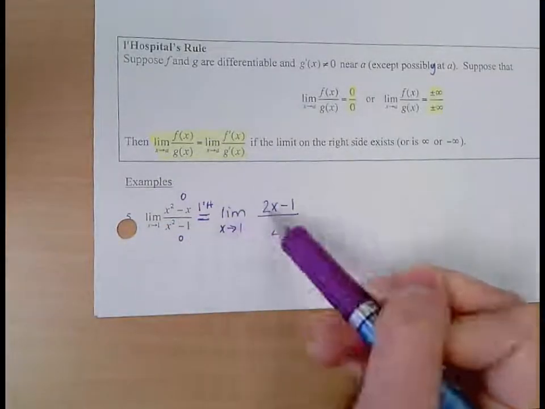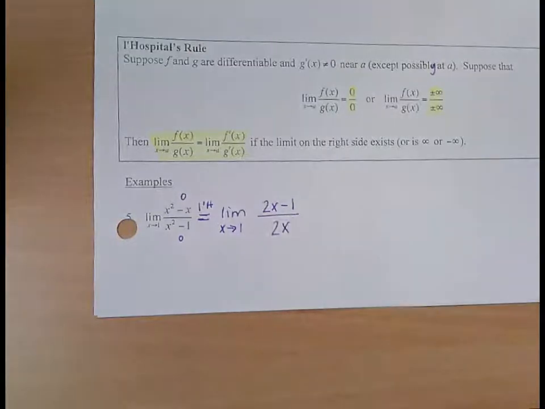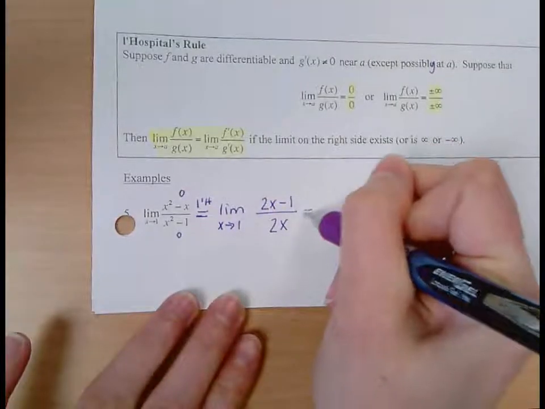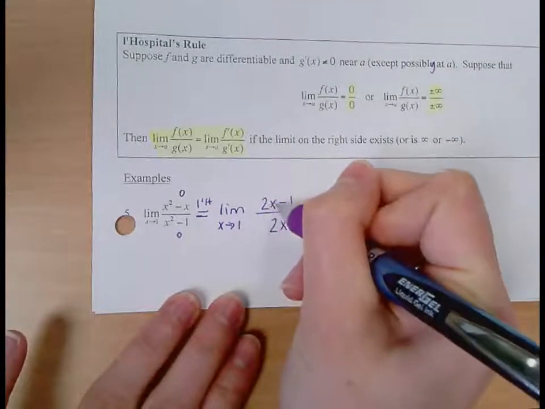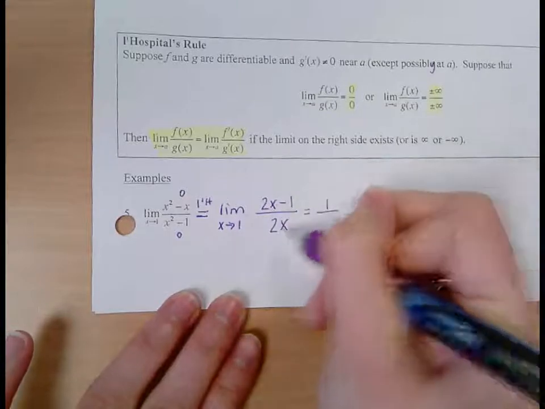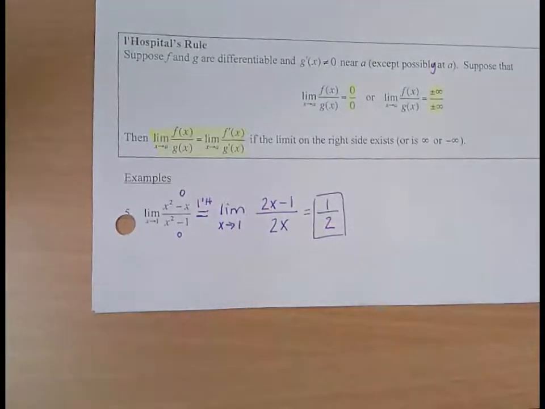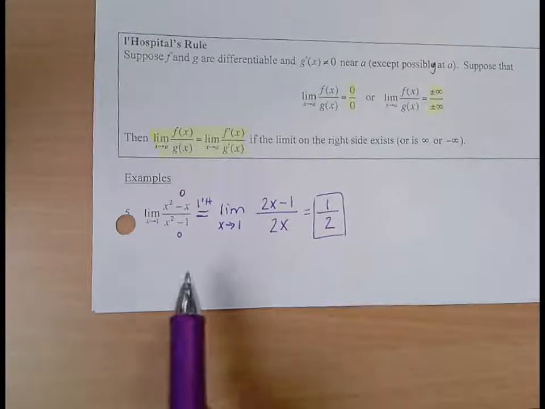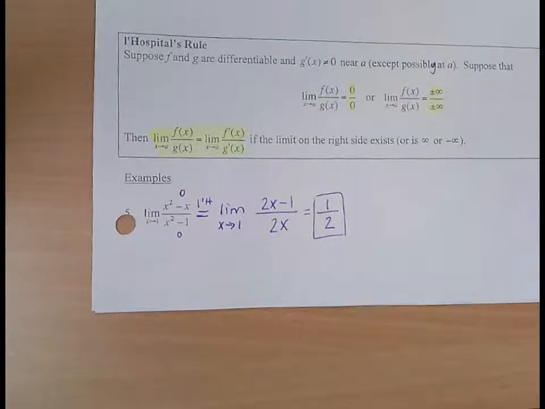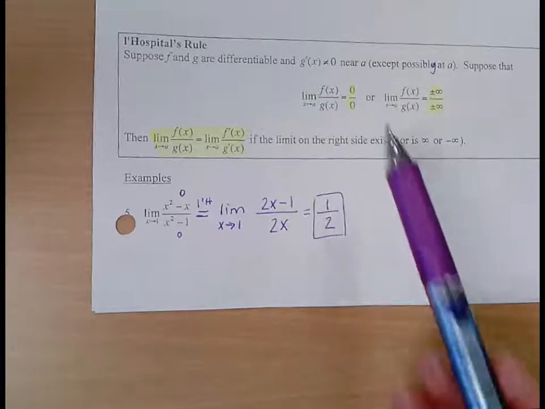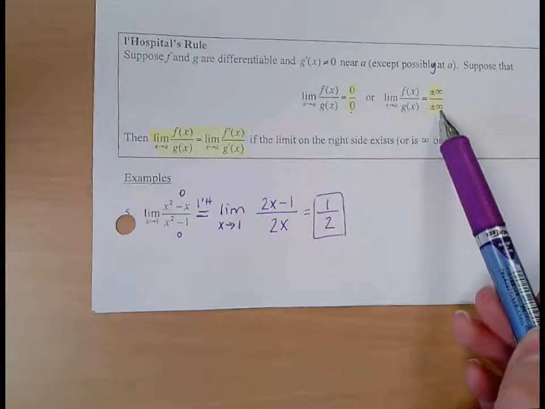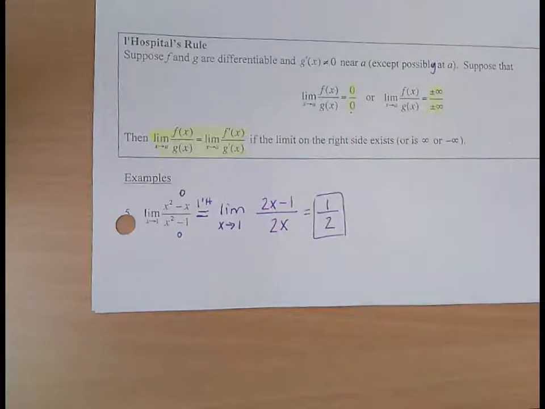Okay, so I took the derivative of both. Now plug in 1. On the top, 2 times 1 minus 1 is 1. On the bottom, 2 times 1 is 2. And here's my 1/2. That's quicker. The factoring we had to do wasn't that time consuming, but I would say this is quicker. You can only use it, though, if you get 0 over 0 or infinity over infinity.